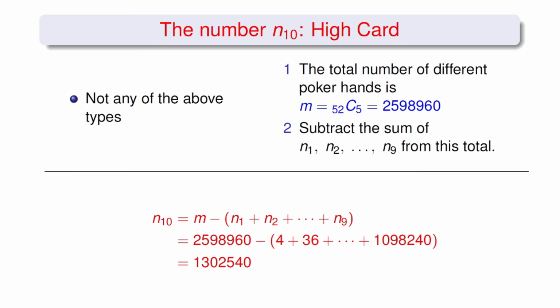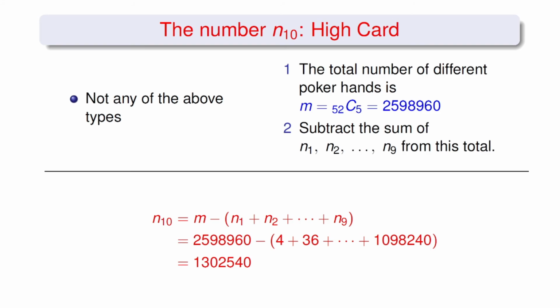How to do that? We know that the total number is M equals 2,598,960. These are the total number of different poker hands. So we subtract the sum of N1, N2 till N9 from this total.